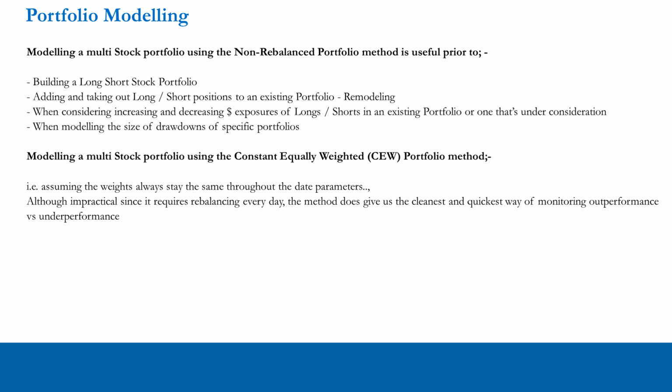So although impractical and not as practical as the non-rebalanced portfolio method, because it requires a rebalancing every day, the method, similar to the two-stock example, does give us the cleanest and quickest way of just monitoring outperformance versus underperformance of a bunch of stocks that we're long and a bunch of stocks that we're short, or indeed a bunch of stocks that we're thinking of going long versus a bunch of stocks that we're thinking of going short.